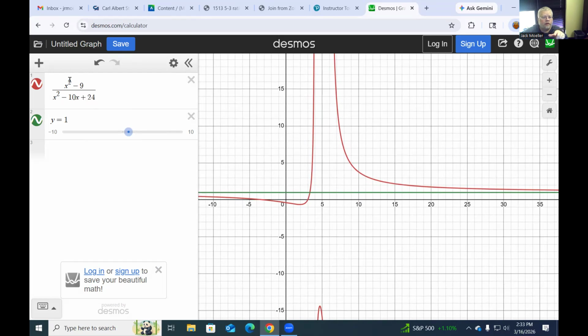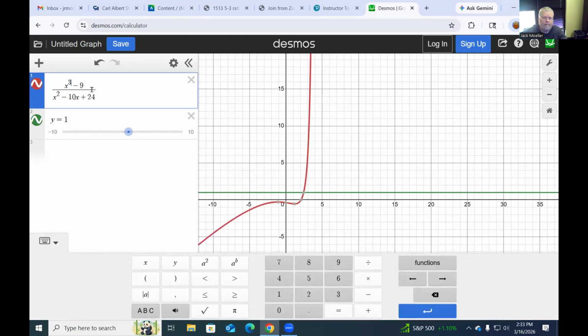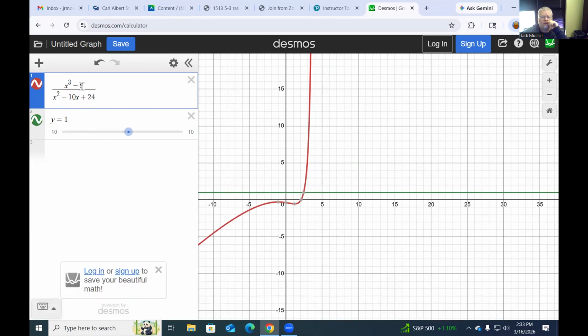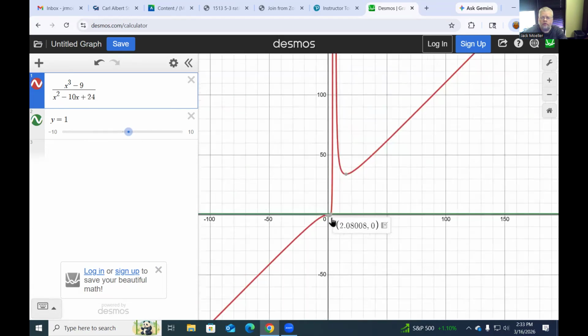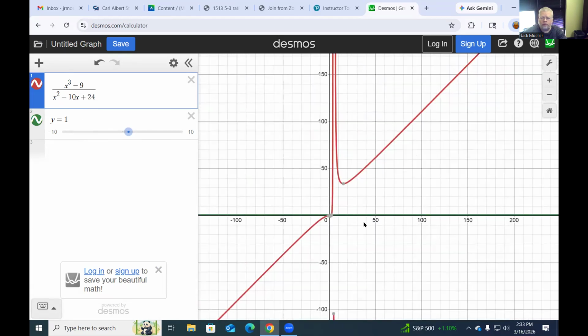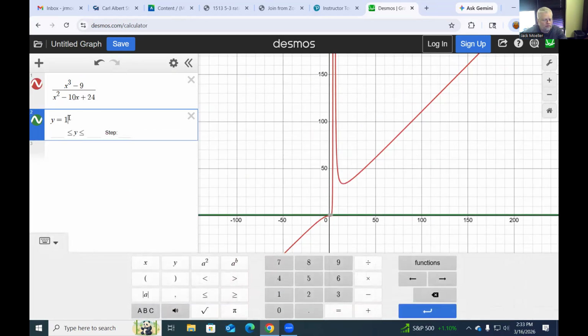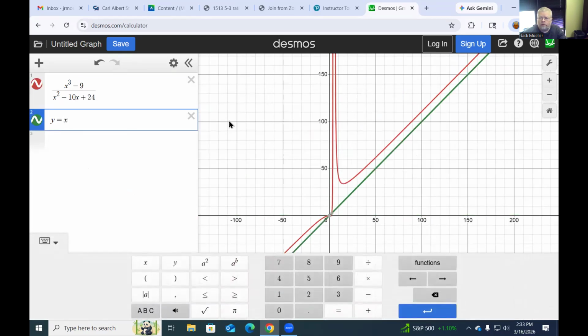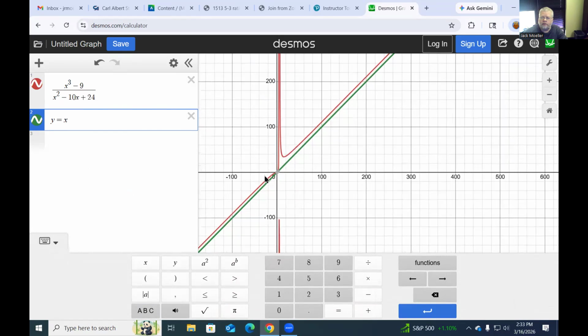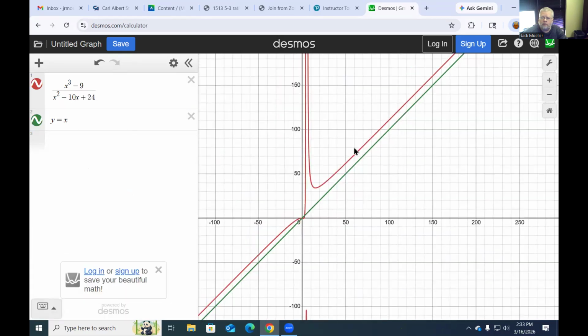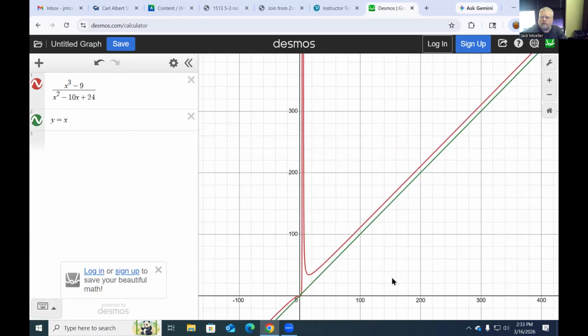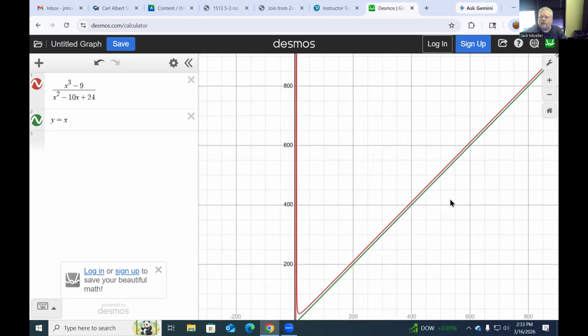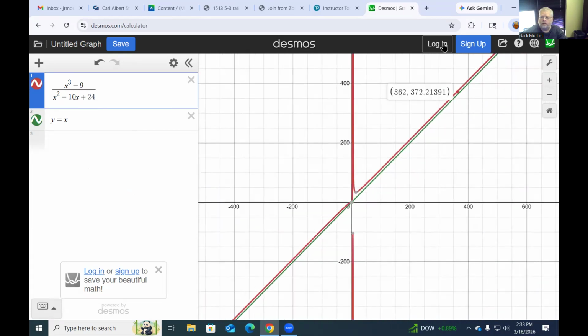Now let's make this x cubed on the top. Okay. So now the degree of the top is 3, the degree of the bottom is 1. So notice we're not following a horizontal line. I'll put in y equals x. If I put in y equals x, notice that's what those lines are following as we go to positive and negative infinity.